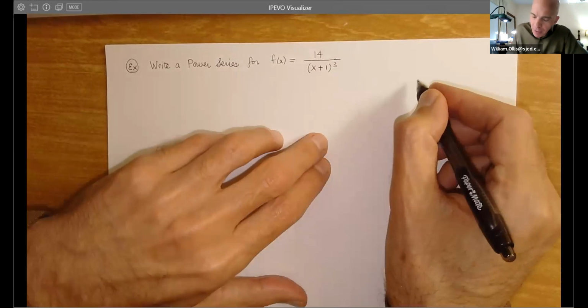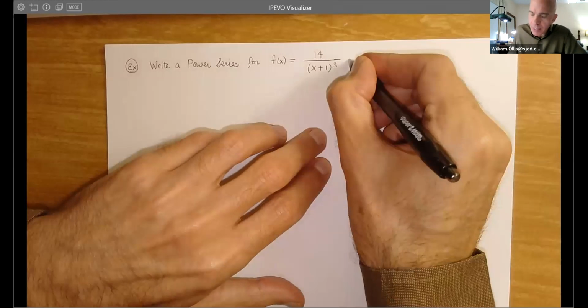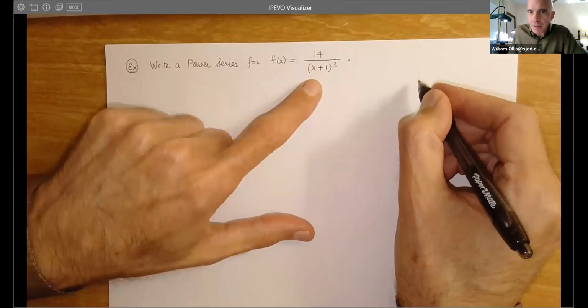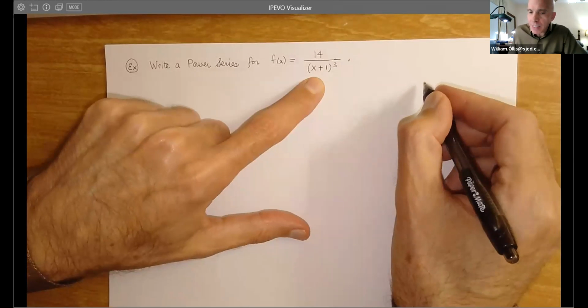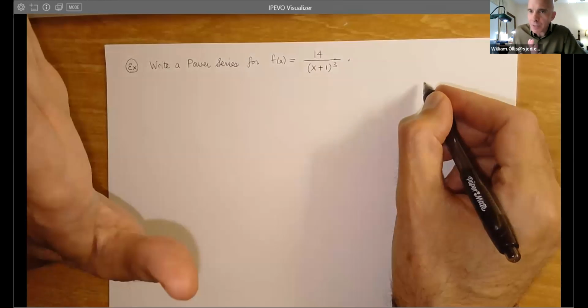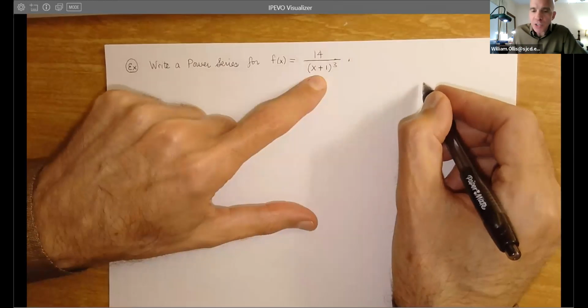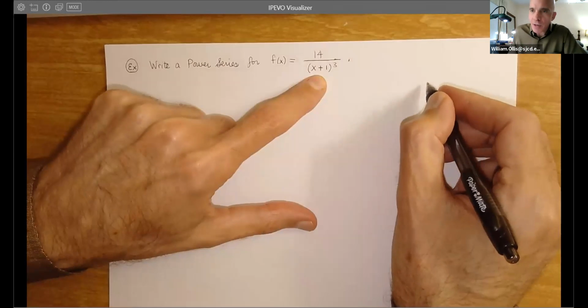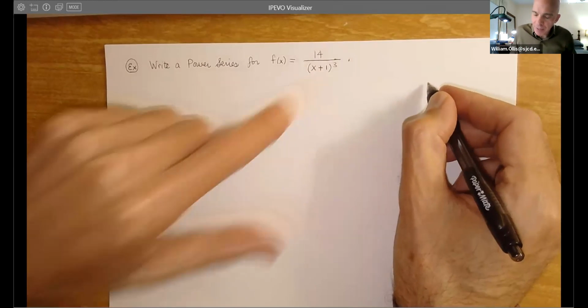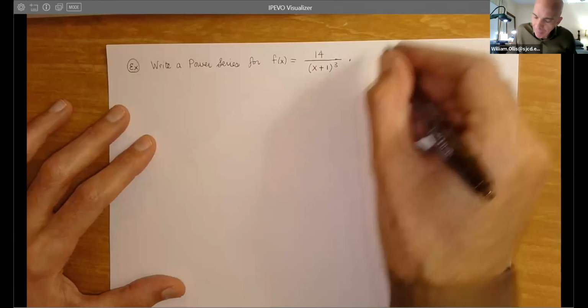Okay. And the thing that we want to note here is that this isn't geometric in that we don't have the a over 1 minus r, but we know if we start differentiating things, then we can rig it. So here's the trick.